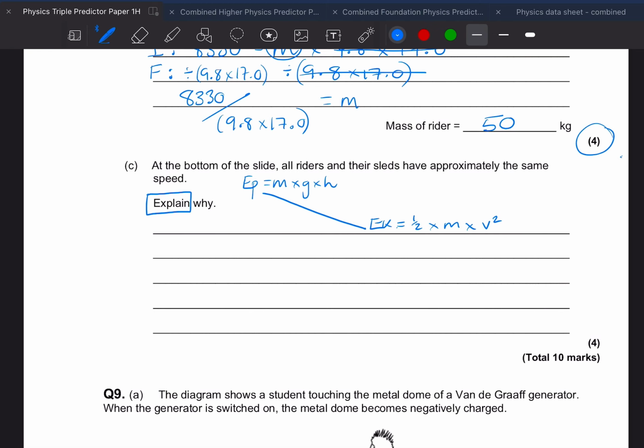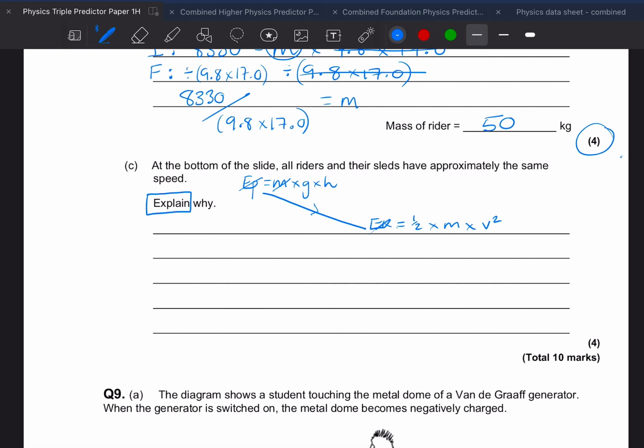So let's have a look. We can see, because we're using these two formulas, the energy is going to be the same if we imagine the energy transfer from there being the same. So that energy can cancel with that.